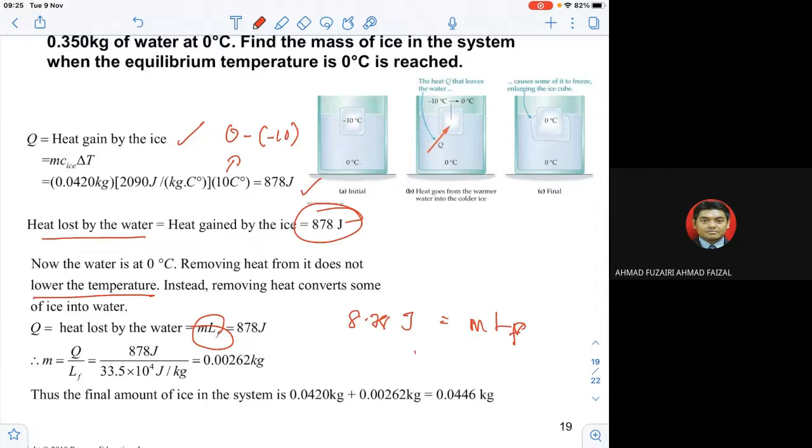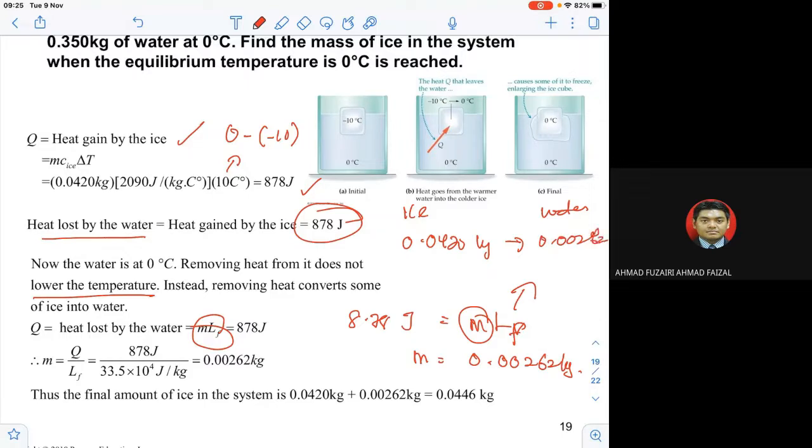And at that particular time, we can have the mass equivalent to 0.00262 kilogram, because in this case, we already have LF from the table, and we need to calculate to get mass. So the water that turns to ice is 0.00262 kilogram.